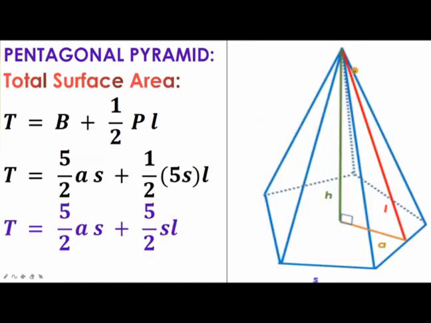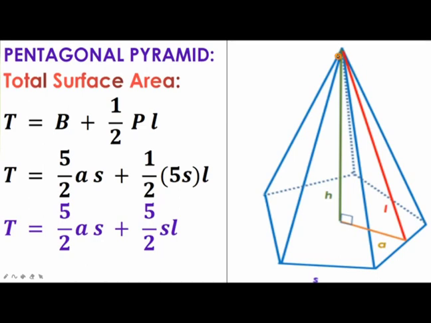Let's have the case of a pentagonal pyramid. A pentagonal pyramid has a pentagon as its base. Using this general formula for the total surface area, we'll derive a more specific one.